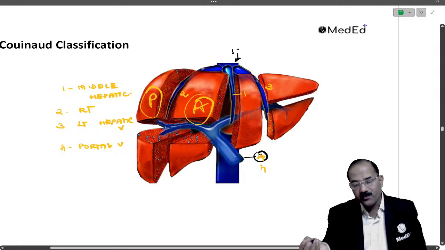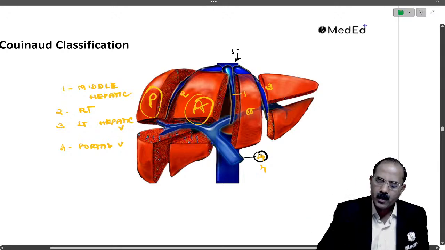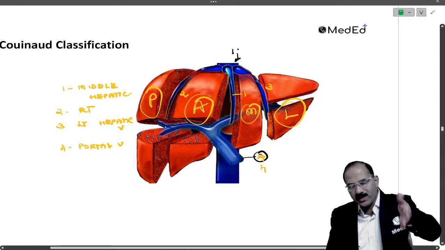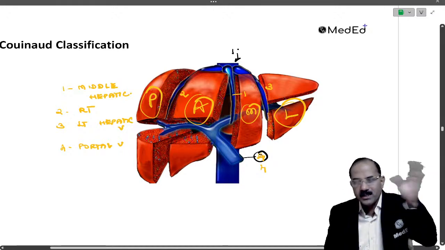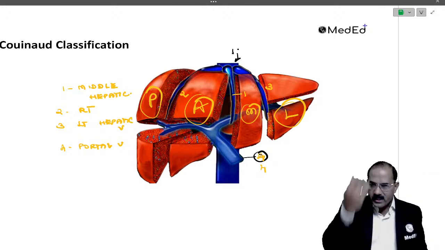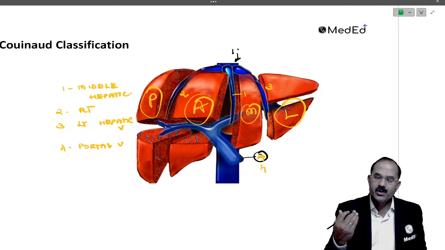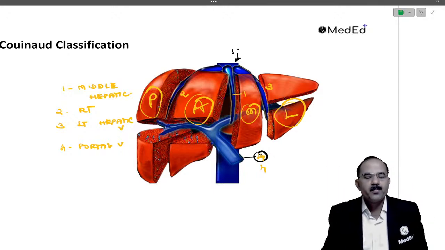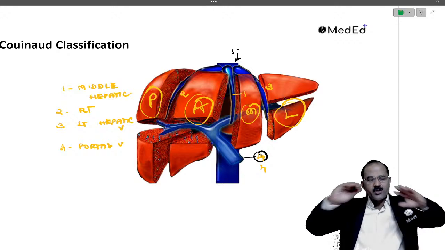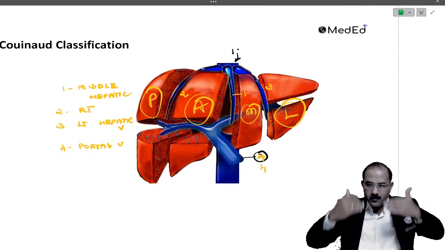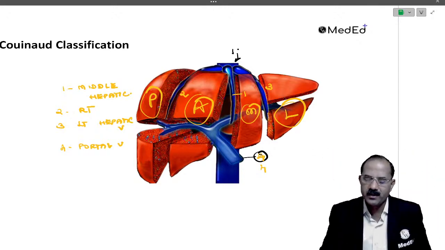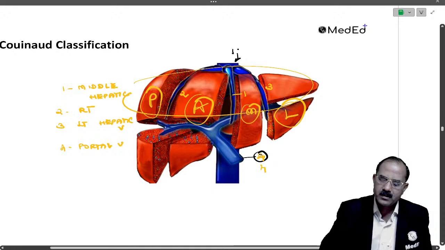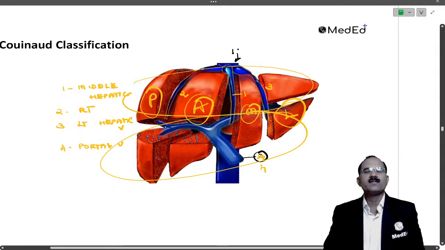The left hepatic vein divides the left lobe into medial and lateral parts. The portal vein divides the liver into a superior and inferior segment. This is the superior segment, and below is the inferior segment.